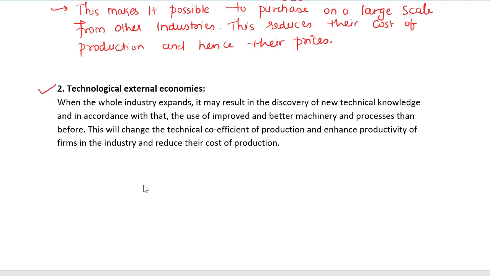Let's see the second point that talks about technological external economies. When the whole industry expands, it may result in the discovery of new technical knowledge, new innovations, and in accordance with that, the use of improved and better machinery and processes is possible.